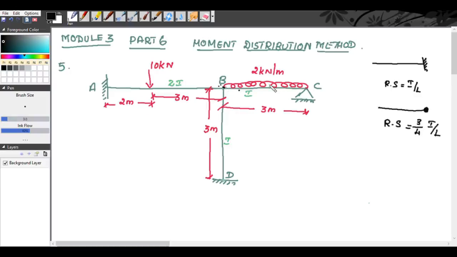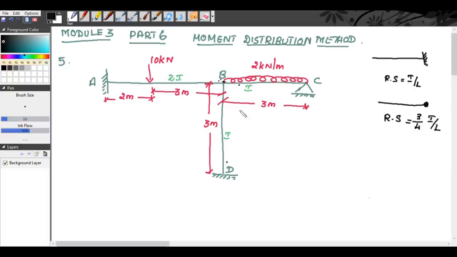When you are considering BC, the far end is hinged, so the relative stiffness, not the distribution factor, is 3 by 4 I by L, where I is I and L is 3. For the span BD, the far end is fixed, so it is I by L, so it is I by 3.